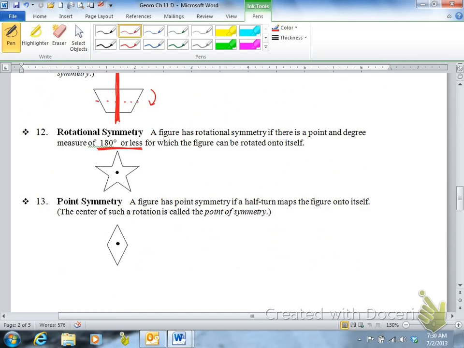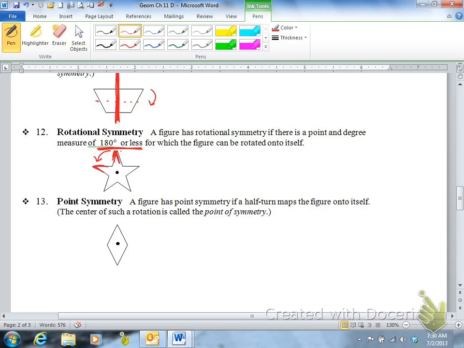So you have to go 180 degrees or less. If you look at this figure, the point is in the center of the figure. If we rotate it this way, this point will rotate and match with that point, and it'll look exactly the same. So that would be rotational symmetry.